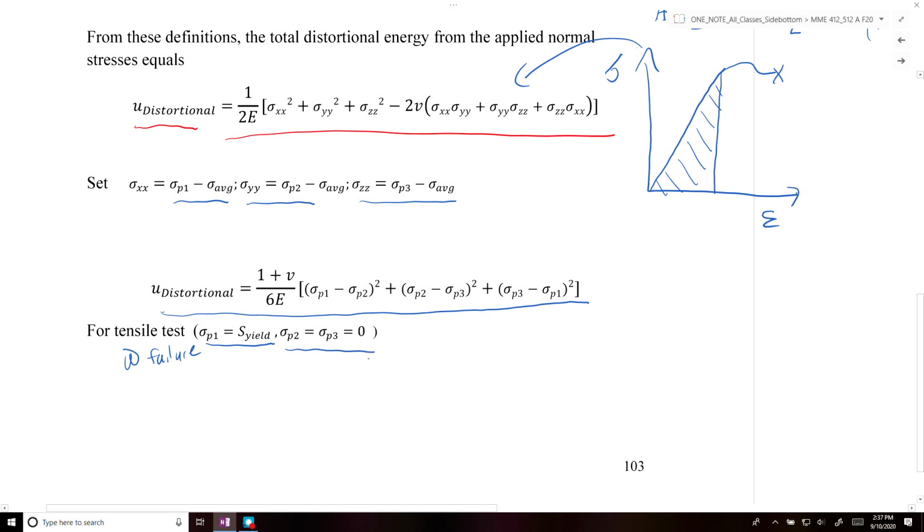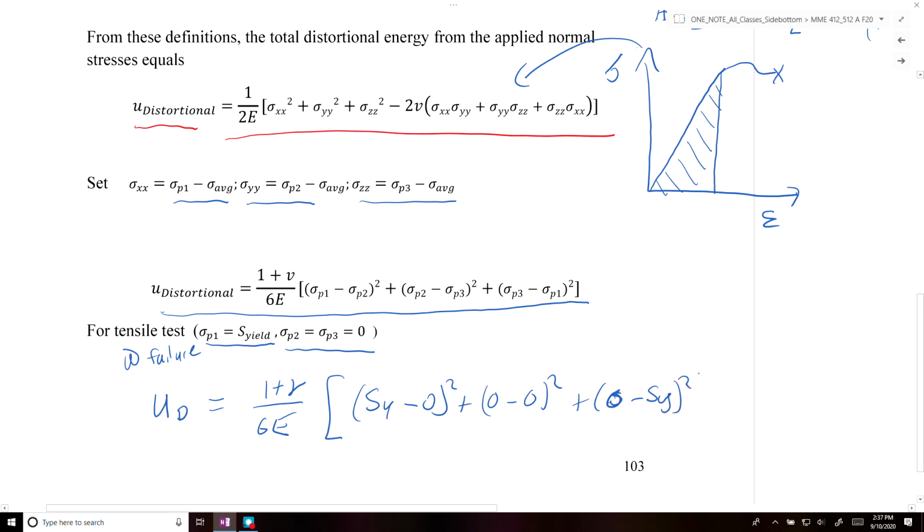So if we do that, we can plug in all of our values for our distortional energy. The distortional energy would be equal to 1 plus the Poisson's ratio divided by 6 times Young's modulus, times sigma yield minus 0 squared plus 0 minus 0 squared plus 0 minus sigma yield squared.